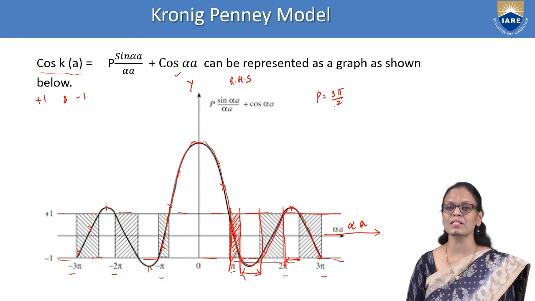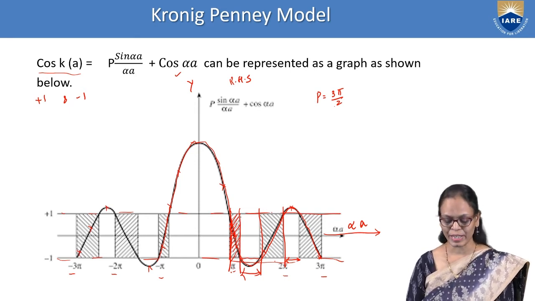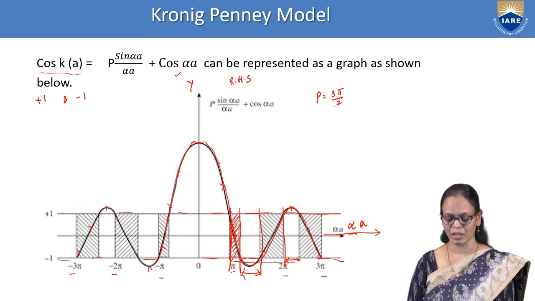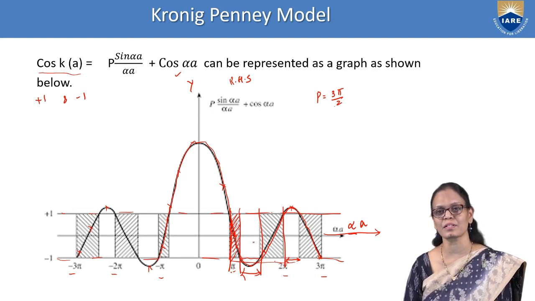It means that when a particle is in this region it is allowed, and here it is not allowed. So we are separating them as allowed bands and forbidden bands. There are certain values of alpha for which you cannot have those energies. So they are forbidden. So allowed and forbidden.